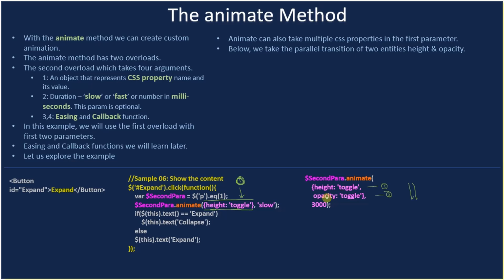One is the height transition and another one is opacity. So when we animate it, the second paragraph will slowly reveal by changing the height, that is transition 1, and at the same time the second transition of transparency takes place. So the element will transition from transparent to fully opaque, or we can say opacity 0 to fully visible 1. Now let's go to the demo and make this change and see how the parallel transition is working.